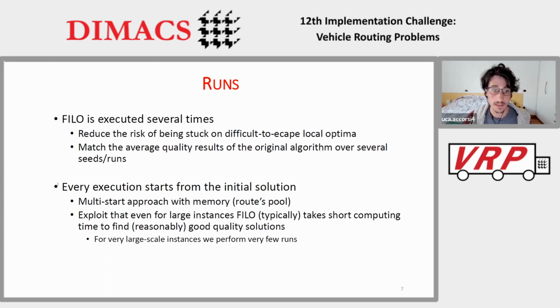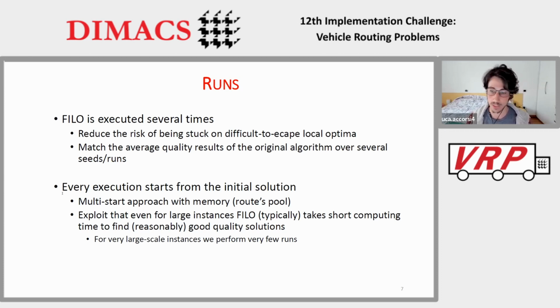We also have that every execution of FILO always starts from the initial solution. So you can think of it as a sort of multi-start approach with a little bit of memory, which is the pool of routes. We can do that because typically FILO takes a short computing time to find reasonably good quality solutions for instances with up to a few thousand customers.